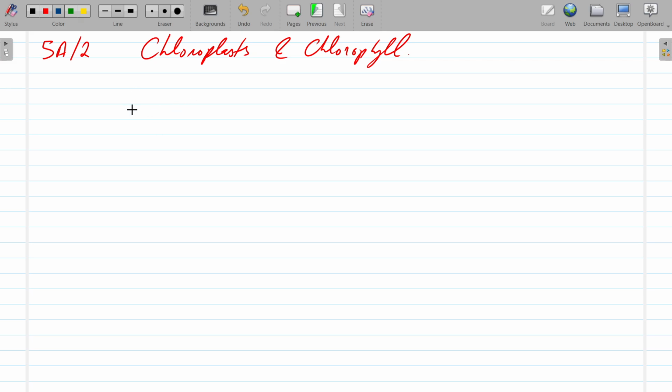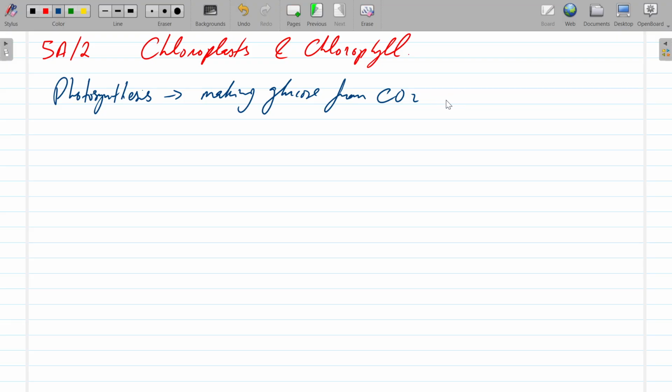So in this case, we have carbon dioxide. Photosynthesis is making glucose from carbon dioxide and water using light energy from the sun.